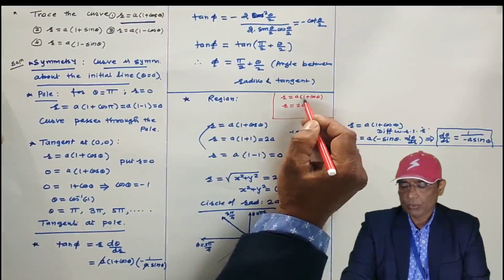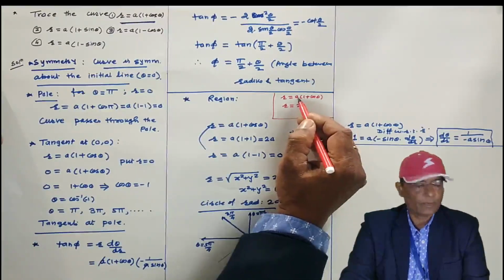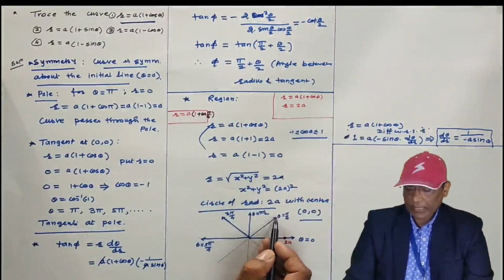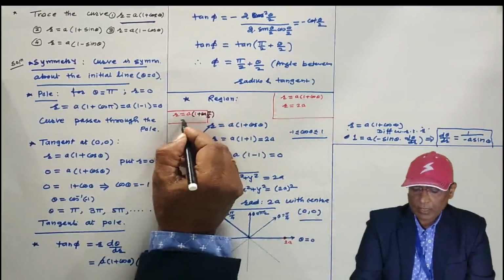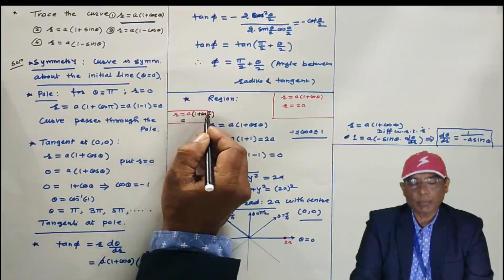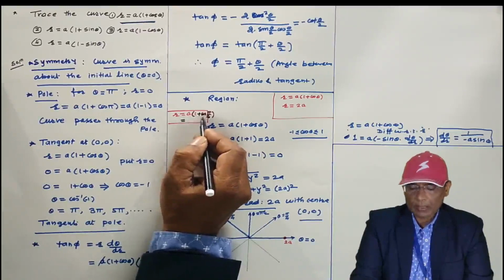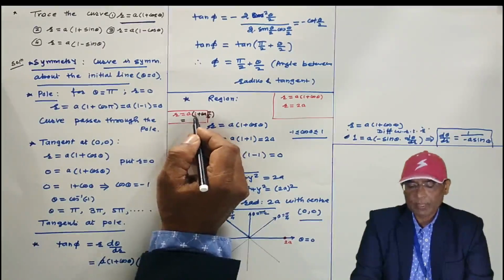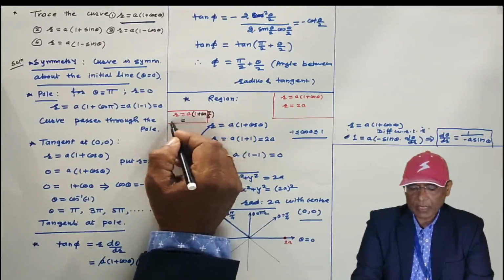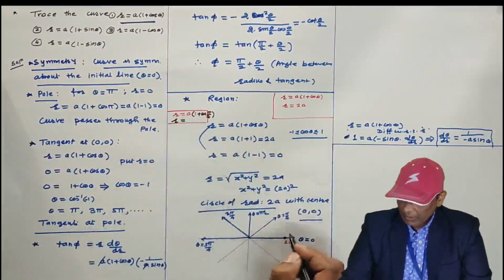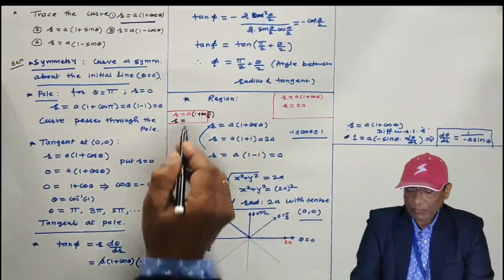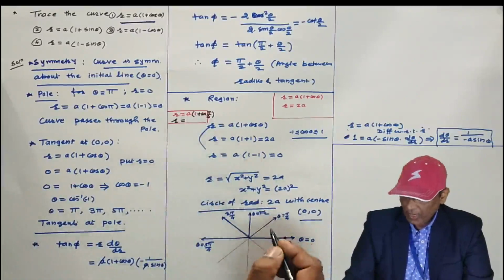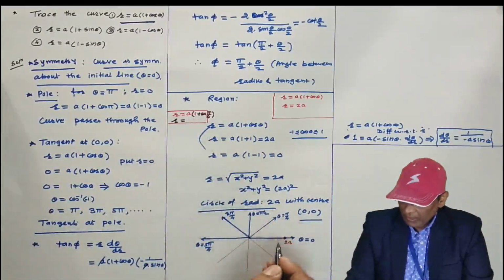So r is a(1 plus cos pi by 4), and 1 plus 1 by root 2 will be near about 1.5, so r is near about 1.5a, because I don't have a calculator now. So you can find out the value of 1 plus cos pi by 4, near about 1.5a, means this point will be here.